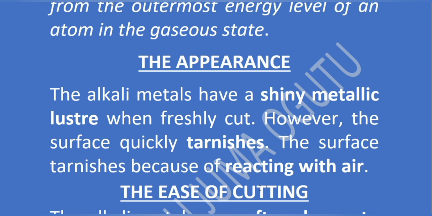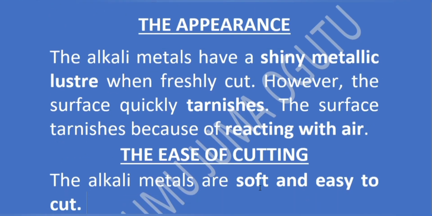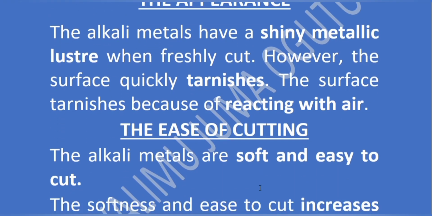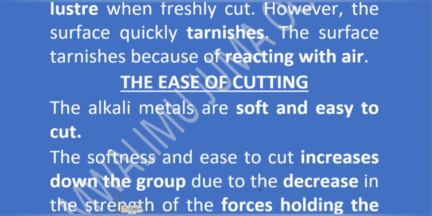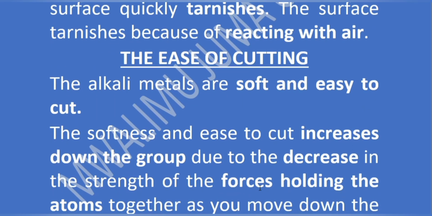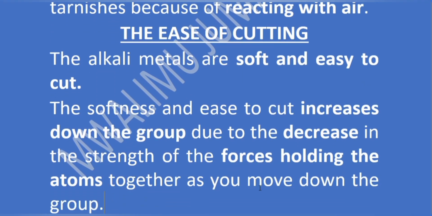Remember, the surface will be shiny just after cutting, but after some time it will tarnish because the metal reacts with the air. It's reacting with the oxygen. The coating that makes it tarnished is an oxide.